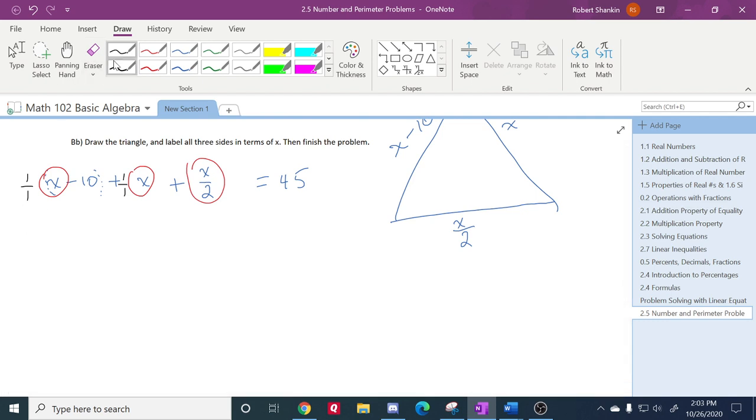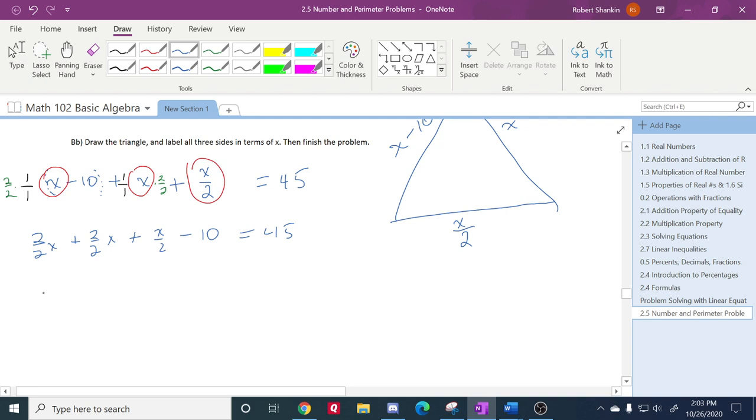Suppose we had done it by multiplying by 2 over 2. Then we would get 2 over 2 x plus, and that's 2 times that one, 2 over 2 x plus x over 2, and then moving that minus 10 over to the right.